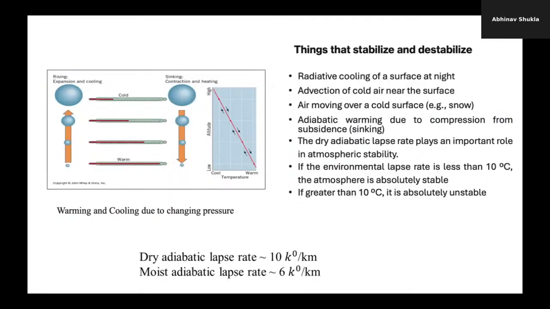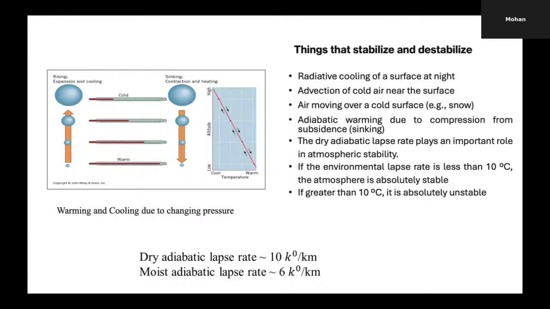Out of these factors, which one makes the parcel more unstable? Among these, the one that usually occurs is the radiative cooling of the surface, because the advection of cold air moving over a cold surface is a special scenario, like in fronts or if you have strong mean winds. Only then can these things happen.